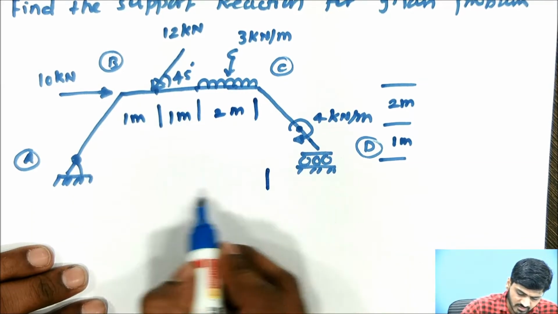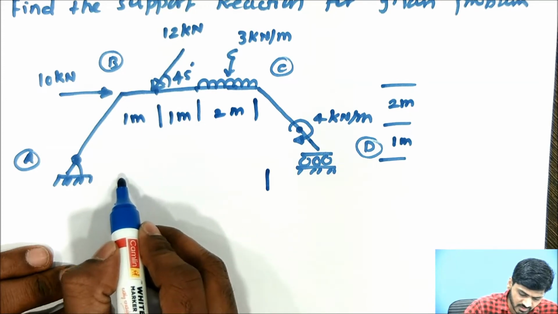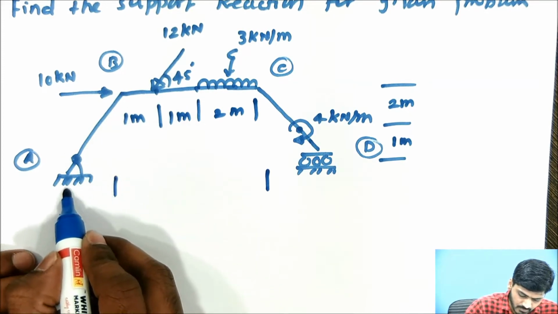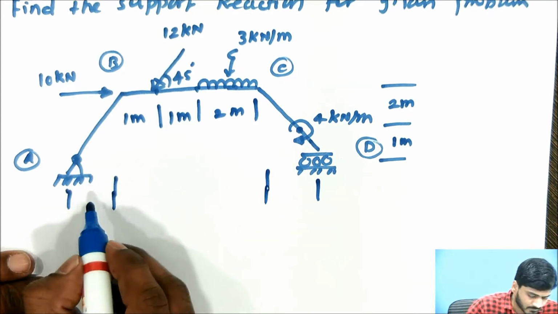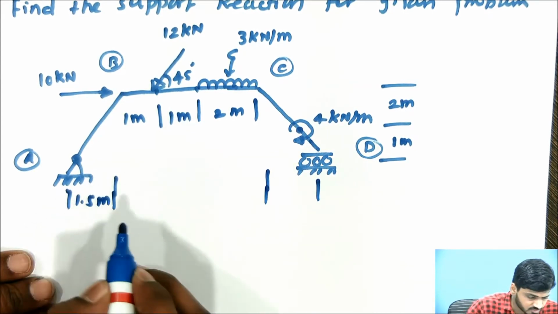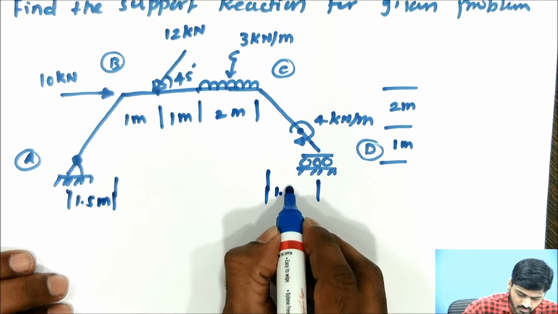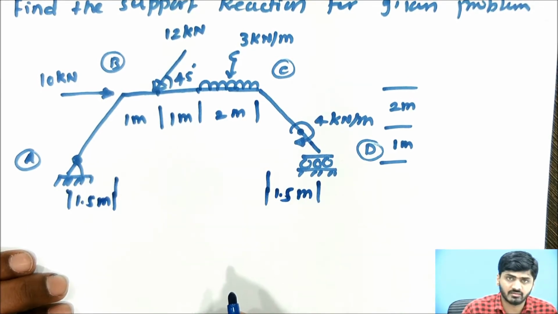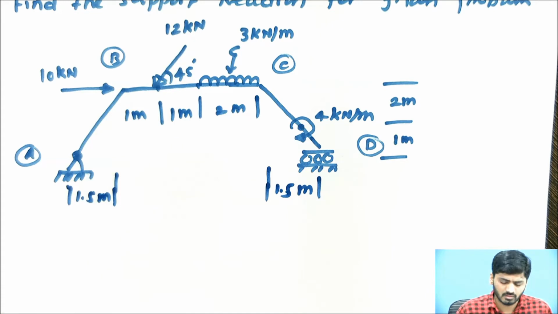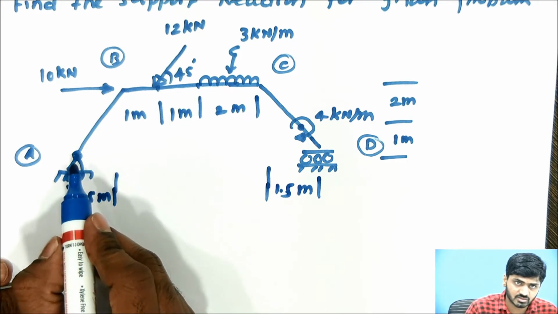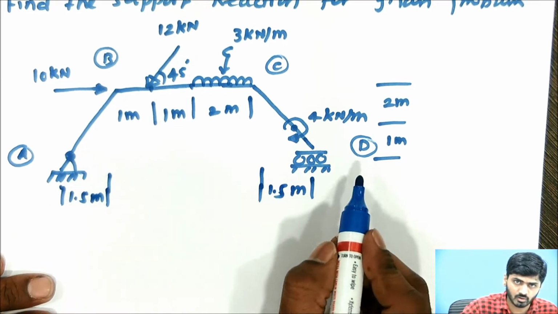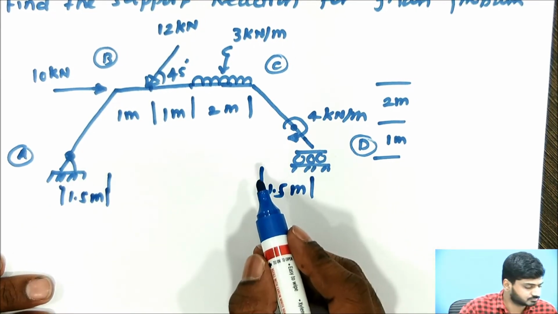So the remaining distances they have considered are 1.5 meter, here also 1.5 meter is there. Our task is to identify the support reactions at node A and at node D.